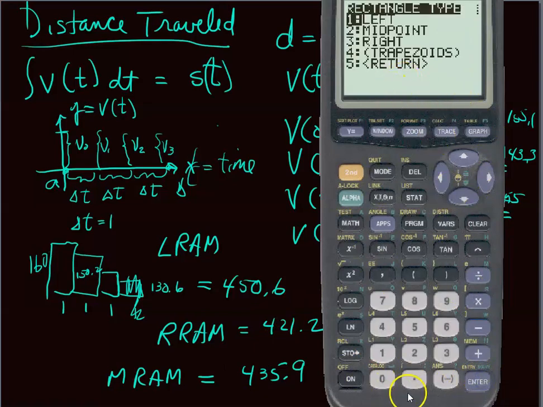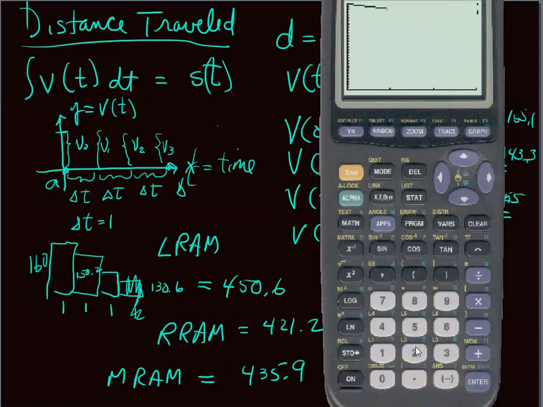And you can do the midpoint, which is interesting because the way they calculate this, notice the midpoint a little bit inside, a little bit outside. The best approximation for things like this, 435.9.